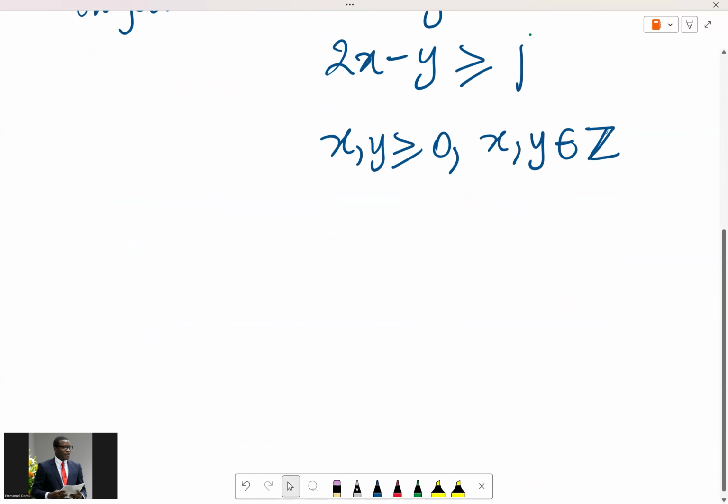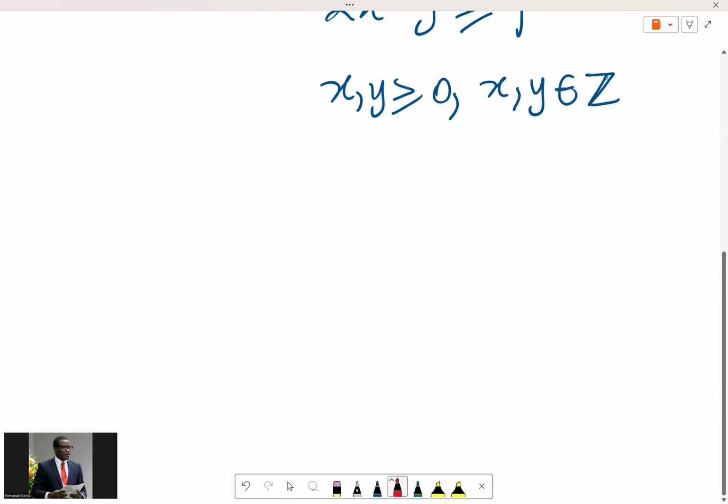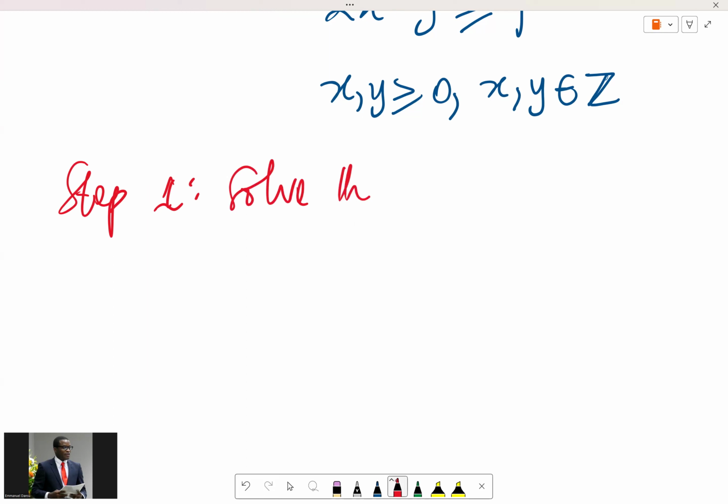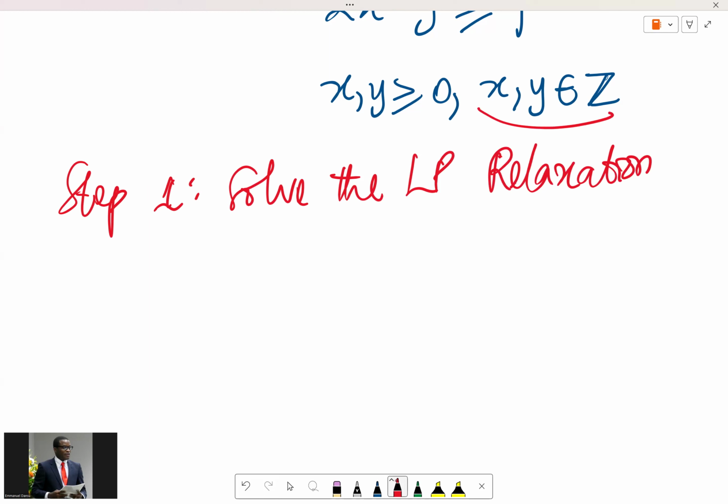Now, as I explained in the previous video, the first step you take is to solve the LP relaxation, the linear problem relaxation. That is the problem that ignores this part where x and y must be integers.